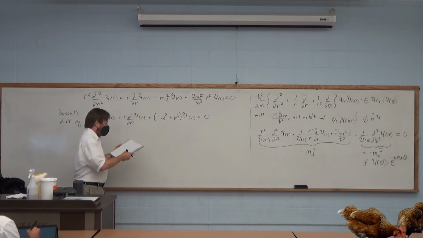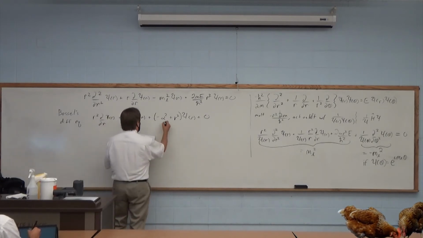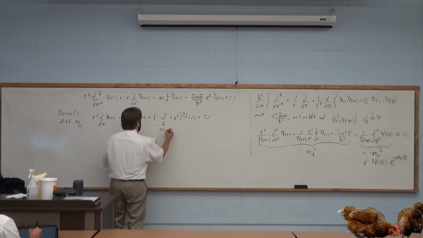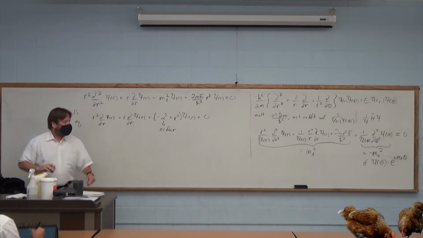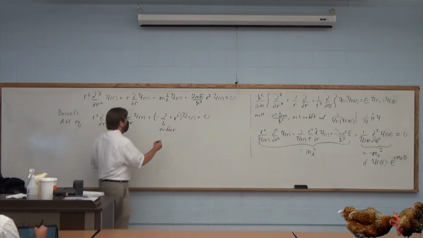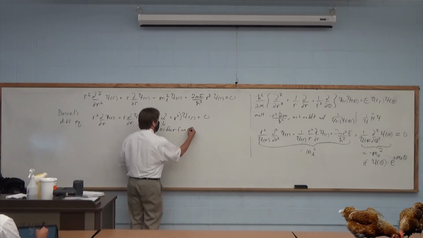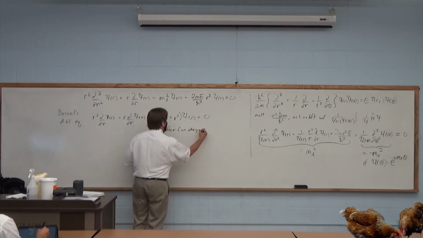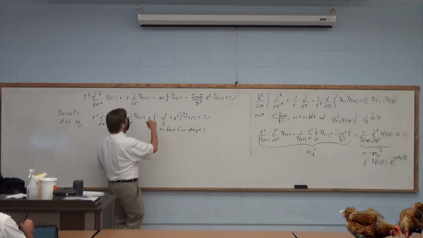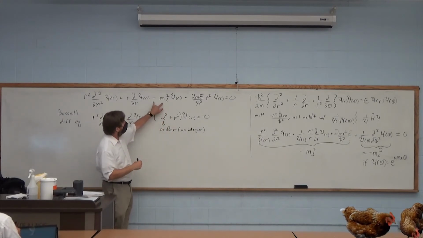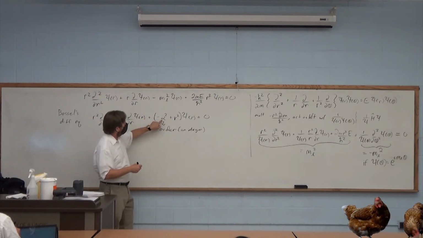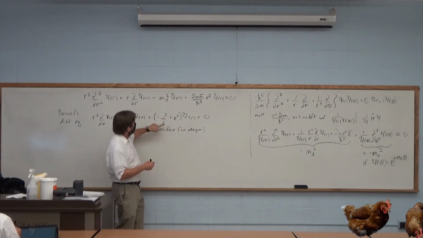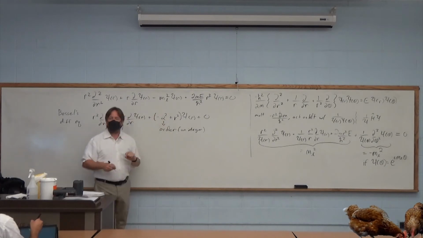And the reason I bring this up, this is called the order. It's an integer. So we already know that Isabel is an integer, so I can already see minus something squared times psi. The order is Isabel.